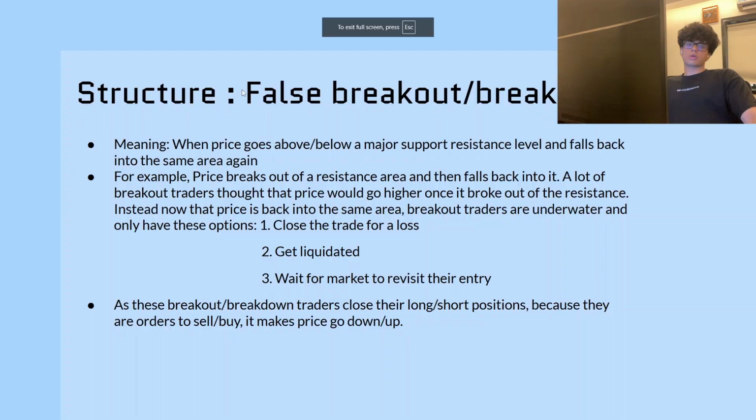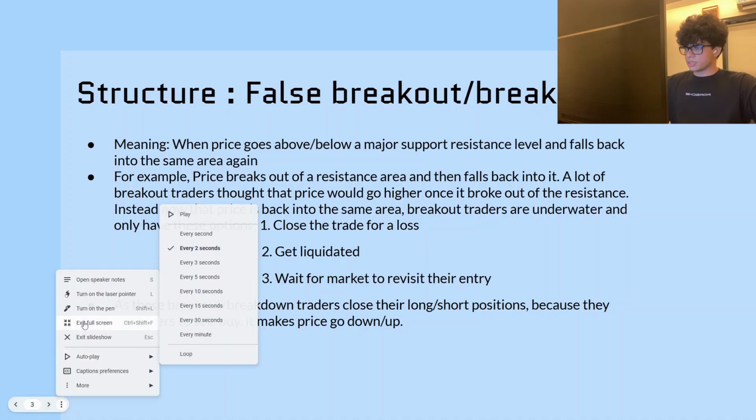So this is what we will be talking about: false breakouts and false breakdowns. This is the most common type of setup that you see all over Twitter, YouTube, Instagram, etc. Very common. It means when price goes above or below a major support or resistance level and falls back into the same area again.